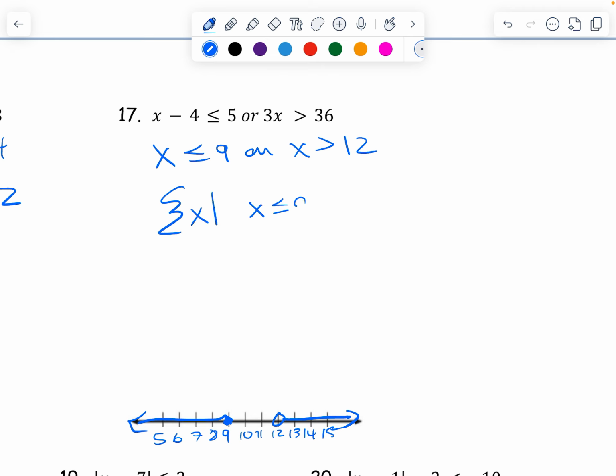Less than or equal to 9, or x is greater than 12. So 9 to 12. Ooh. No. This is an or statement.